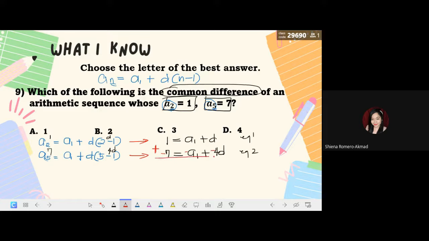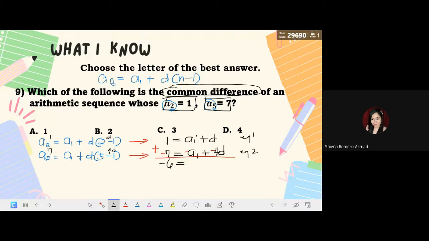Okay? So, pag nag-addition na tayo, our answer would be positive 1 plus negative 7. That is positive 1. Nagdagan ng negative 7. Yes, Lester? Negative 6 po. Negative 6. Correct.